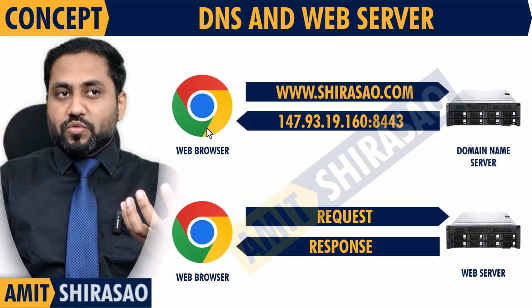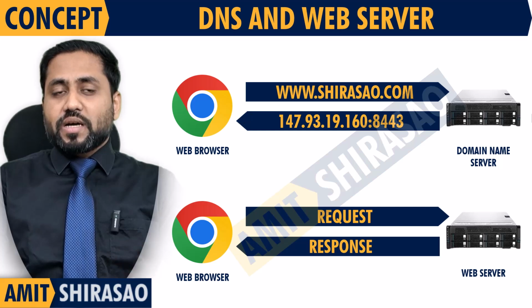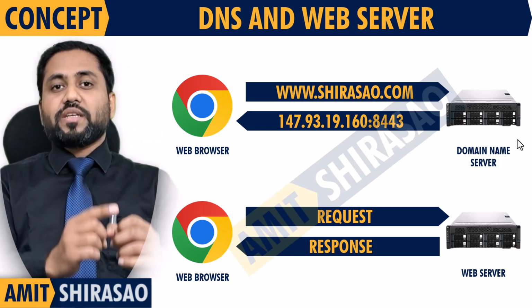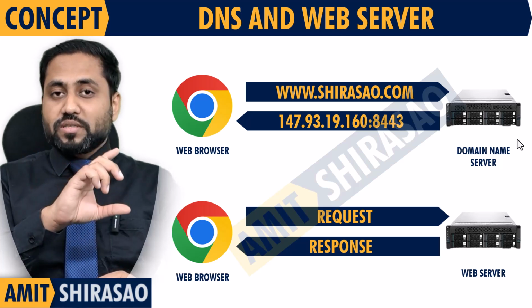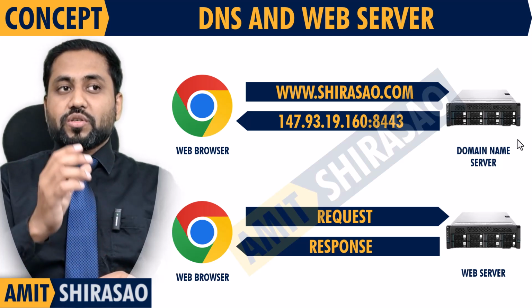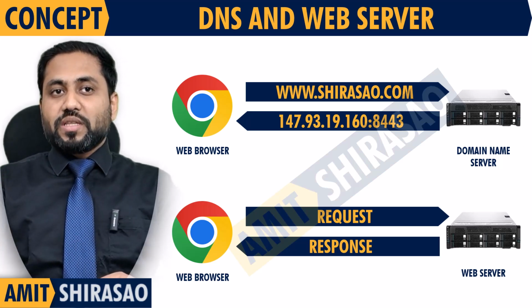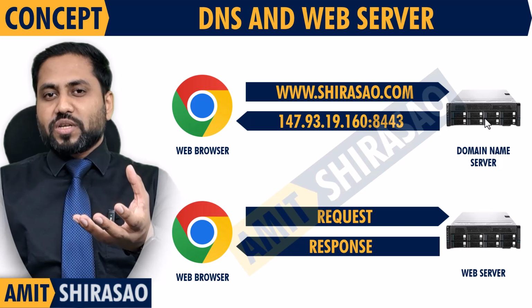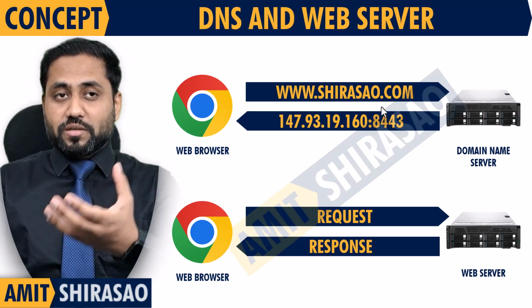So when a web browser tries to go to shirasao.com, it asks the DNS servers around it: do any of you know what IP address this domain name means? Because the browser only understands the IP address and the port. Hostinger's domain name server will have this, because I've hosted this website on Hostinger.